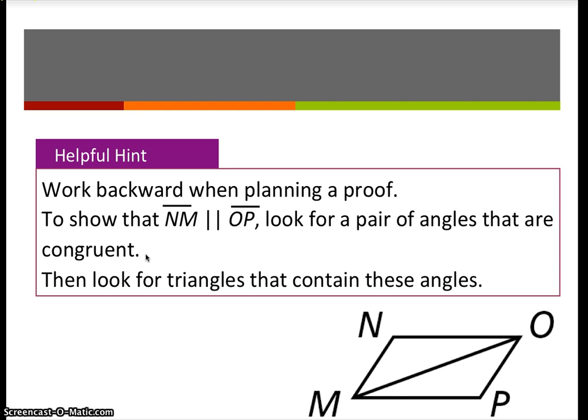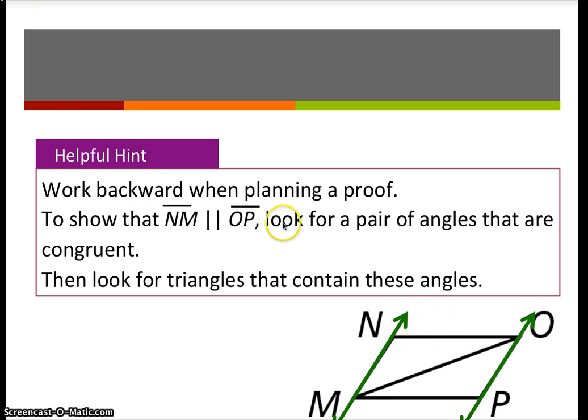To show that MN is parallel to OP, look for a pair of angles that are congruent. So they're telling us that these two sides here are supposed to be parallel. Well, if those two would be parallel, what angles would be equal? The angles that would be equal are called alternate interior angles.